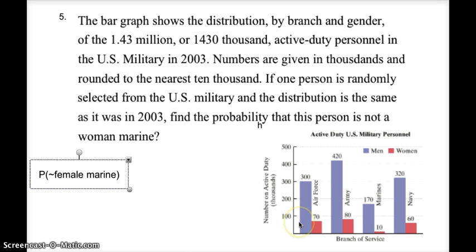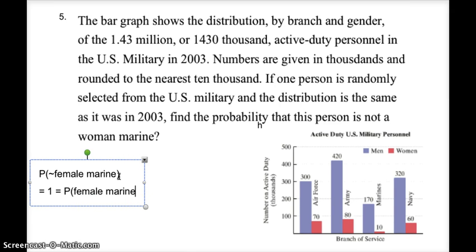So one way to solve this would be to go through and add up all the numbers except the female Marines. Or we could use what we've learned about subtracting from 1 and find 1 minus the probability of being a female Marine. And I think that would be more efficient.